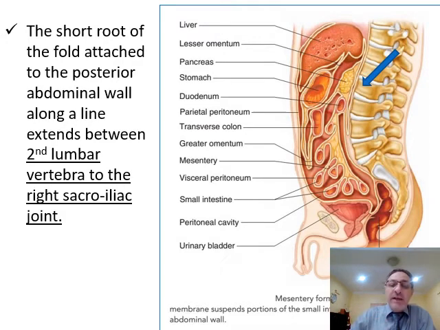The idea behind this is to allow free movement of the intestine, because it is 6 meters in length, and to avoid any kinking or strangulation of the small intestine, so it is attached posteriorly to the posterior abdominal wall between L2 and the right sacroiliac joint.